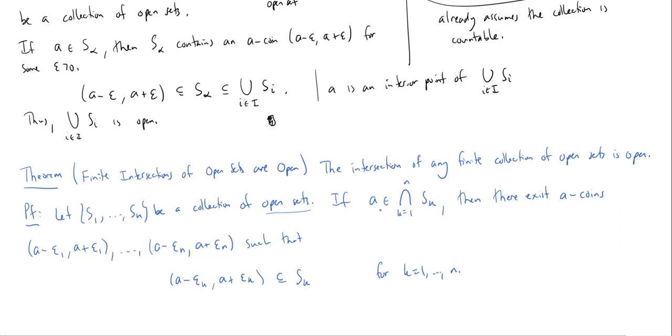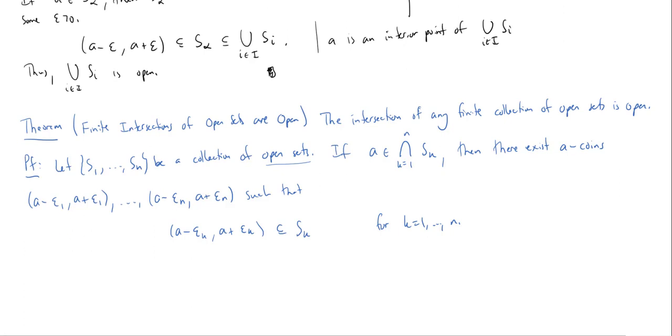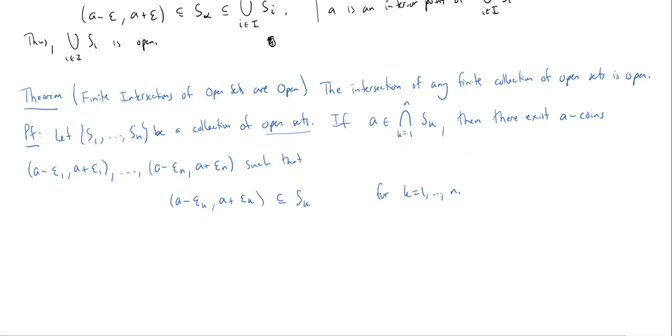Okay, so because A is in the intersection, it's in each S_k, and because each S_k is open, each of these S_k's has to contain an A coin. Okay, and these are the A coins that we're writing down. Now, amongst all of these A coins, at least one of them has the smallest radius. Okay, so let's define epsilon, no subscript, to be the smallest radius.